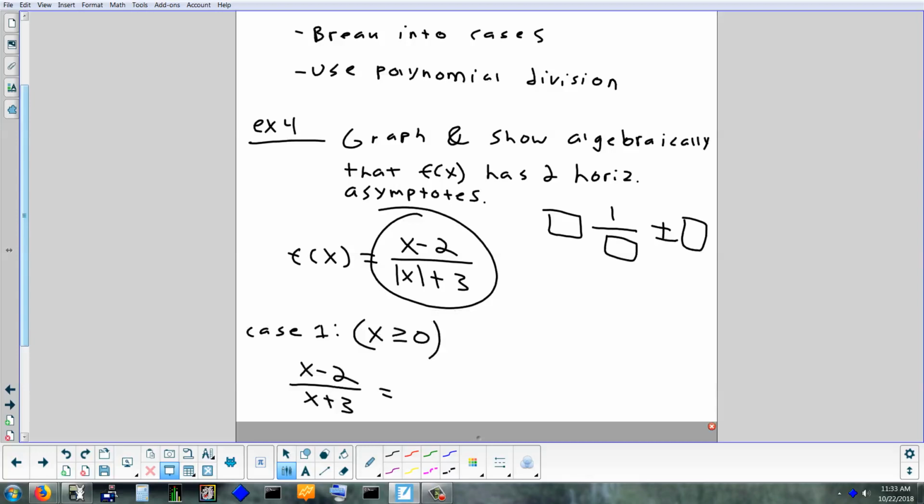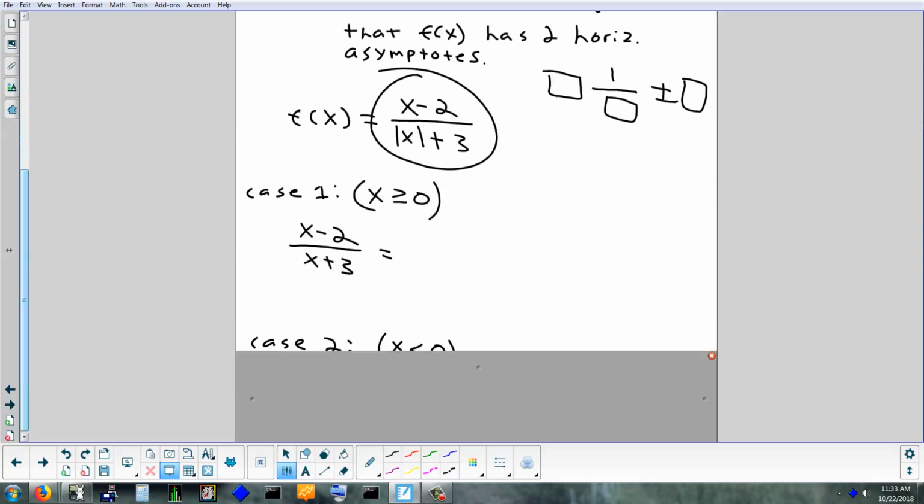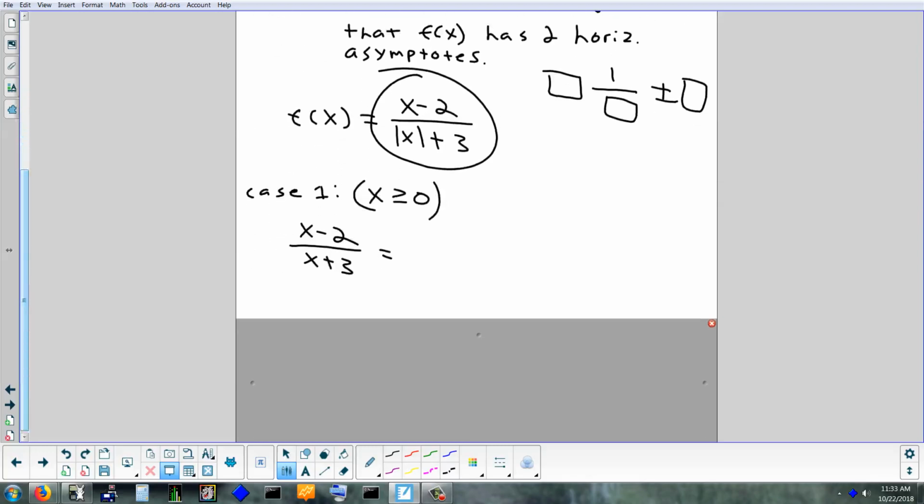So let's look at the case where x is greater than or equal to 0. Well, if x is greater than or equal to 0 already, you could just take away the bars. The bars don't even matter, because x would already be a positive number. So let's do that out and see how we go.